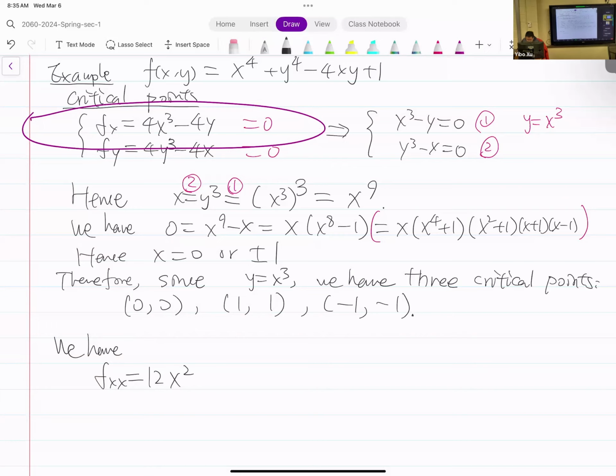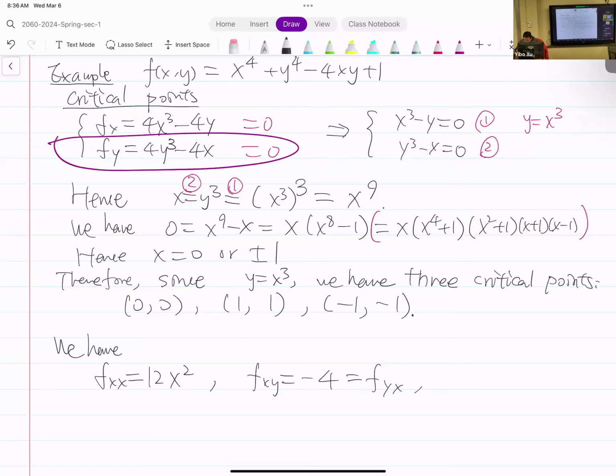So that's f sub xx. And now f sub xy, if you do the partial with respect to y, you'll get -4, right? And you can expect that's the same thing if you do f sub yx, because this function is so nice that the second order partials are also well defined. So f sub yx, if you do the partial of f sub y with respect to x, this still gives you the same. If you just check the line right here.